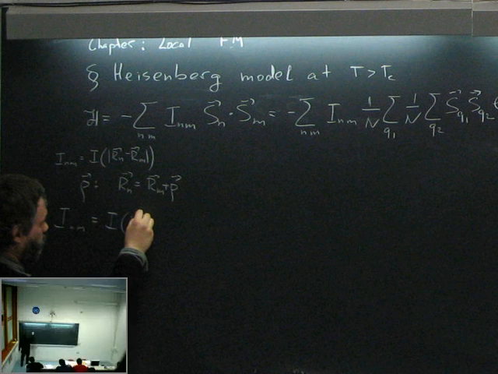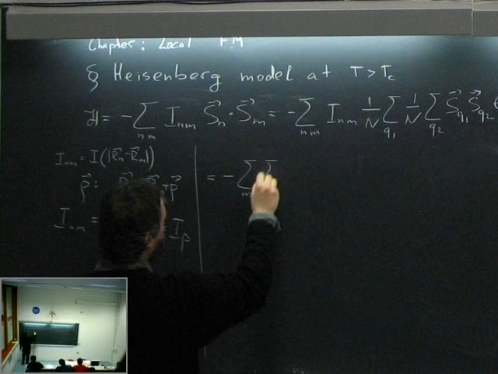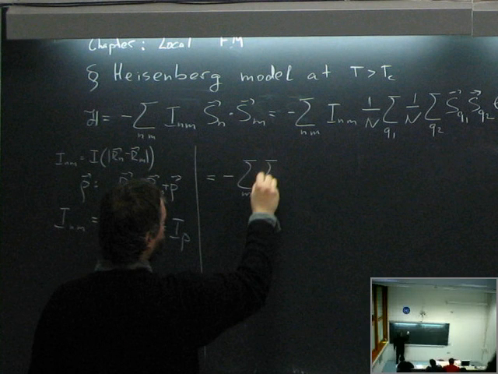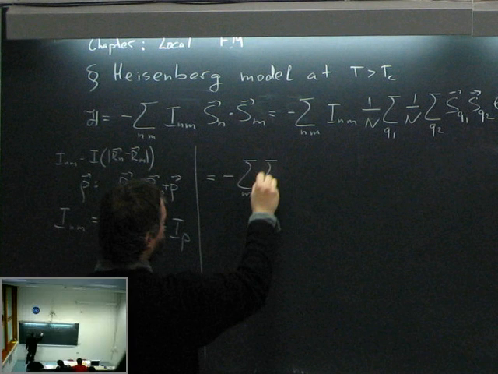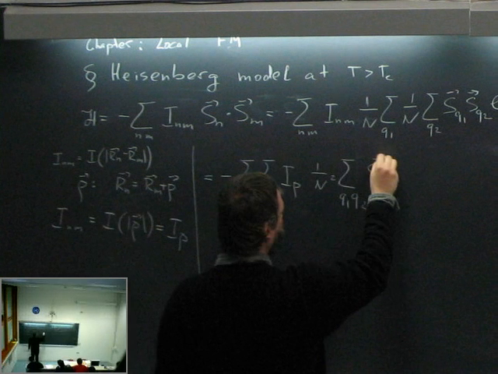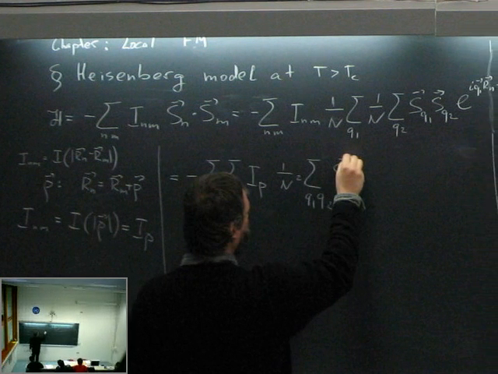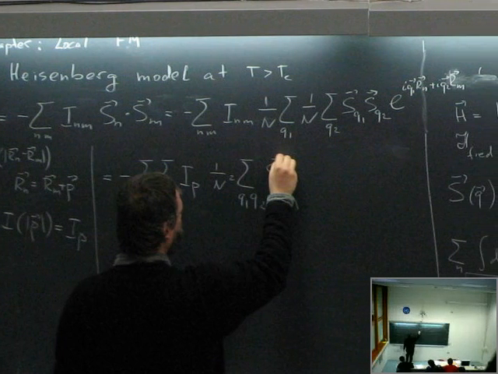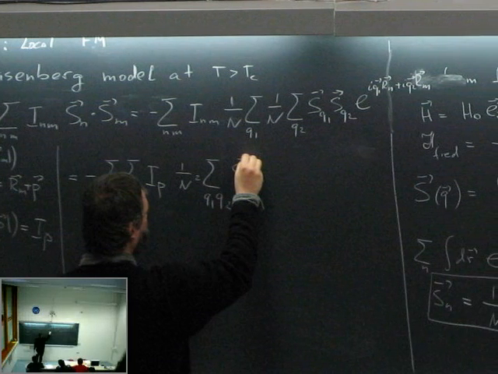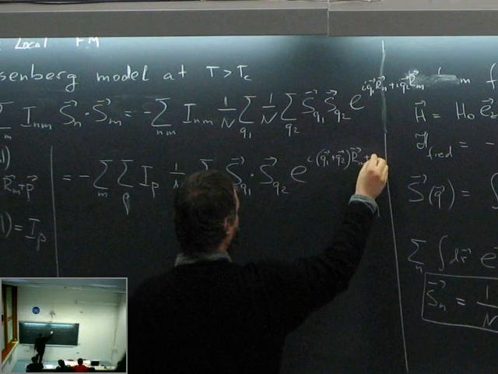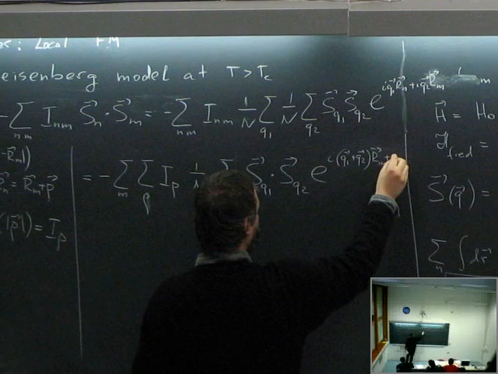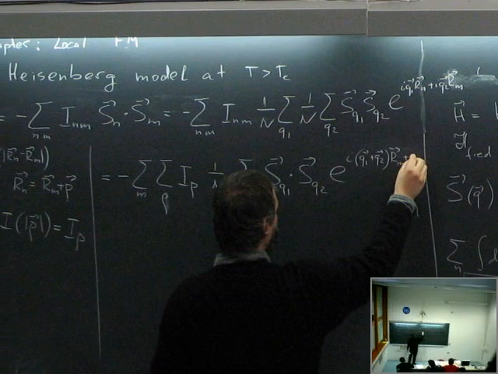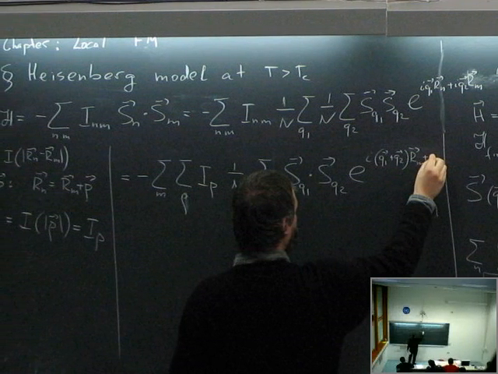I continue the line here, so the summation will give a minus sum over m, sum over rho, I(rho), 1 over N squared, sum over q1, q2, S_q1 dot S_q2 e to the power i (q1 plus q2) R_m plus i q2 rho, plus i q1 rho.